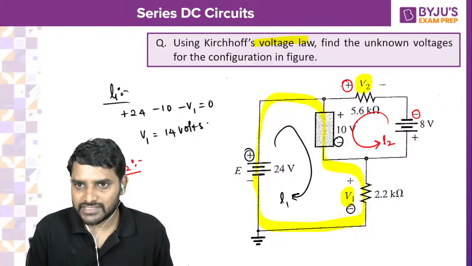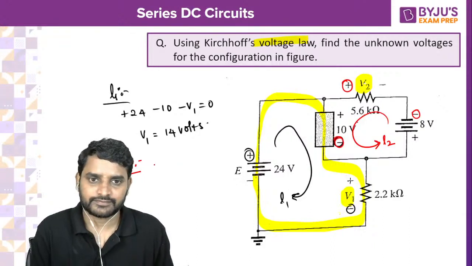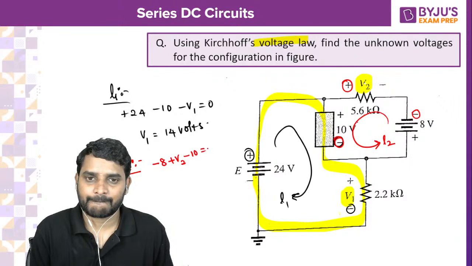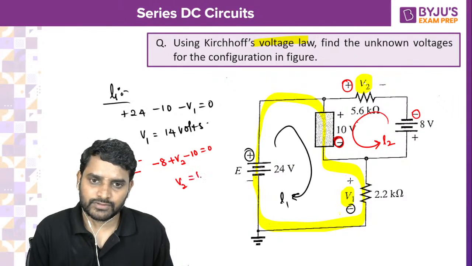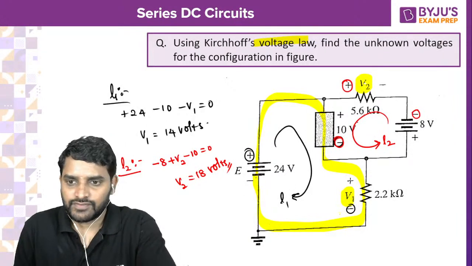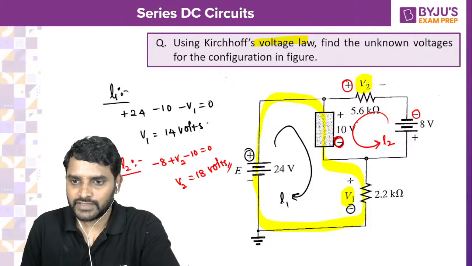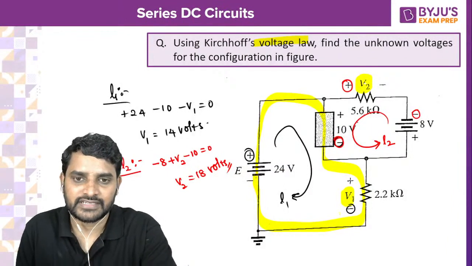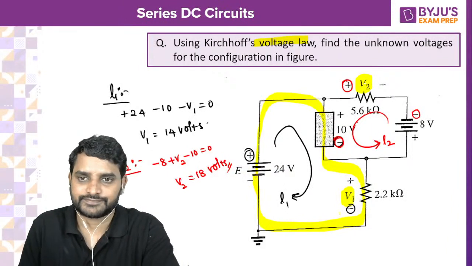Minus 8 plus V2 minus 10. V2 is equals to 18 volts. So far, is it clear for everyone? Very good, Kalyani. Others also please do respond, my dear. A simple KVL and KCL only.